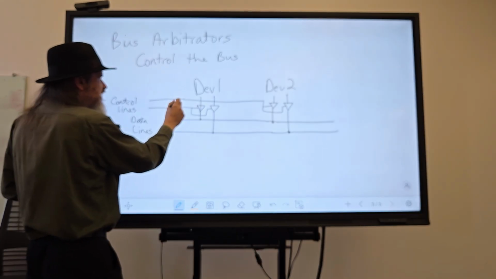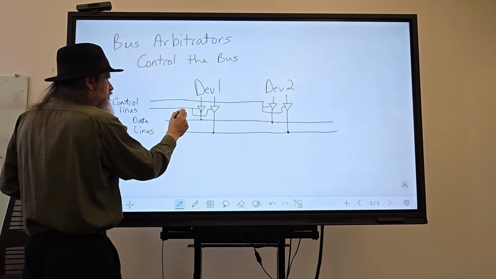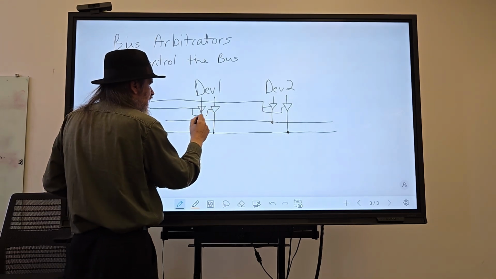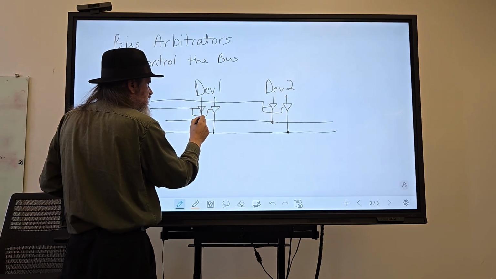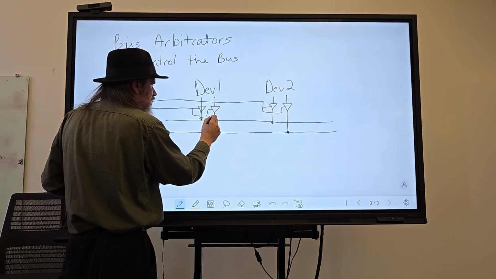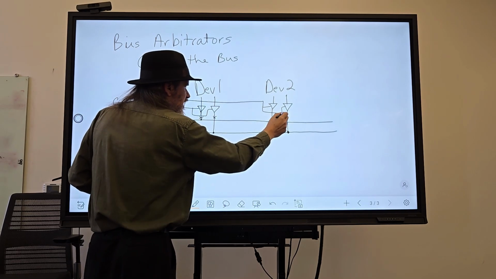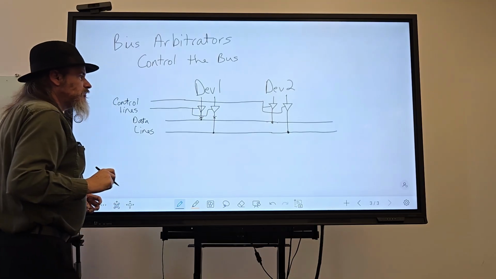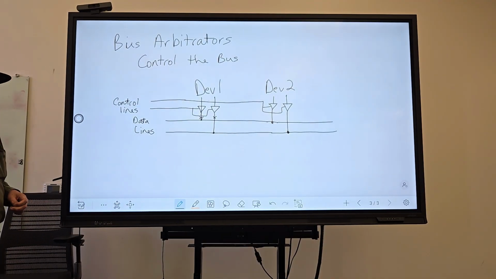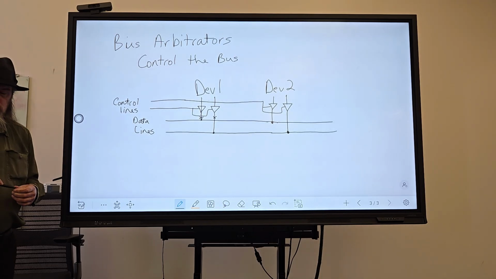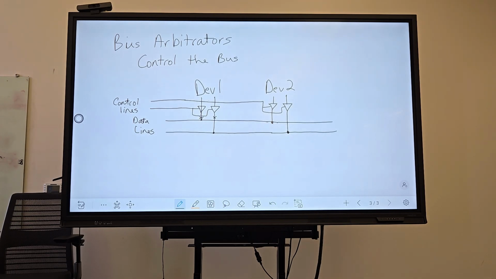This line will be high and this line will be low, cutting off these connections here and allowing data to flow from device 2. That is a big part of what tri-state buffers are used for, accessing buses.